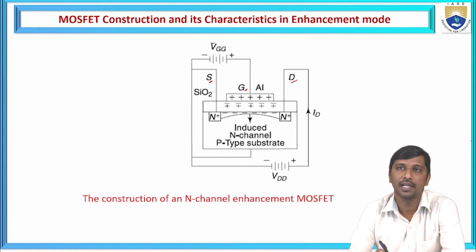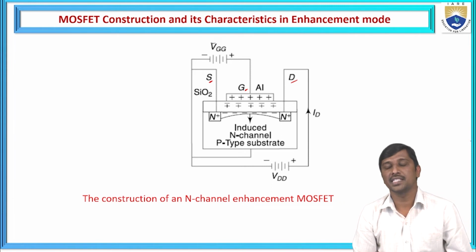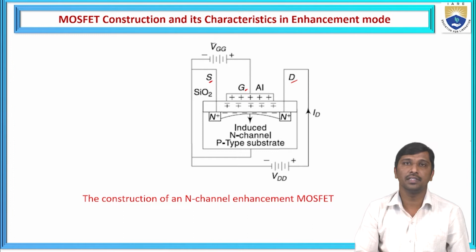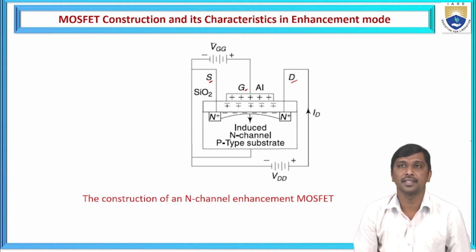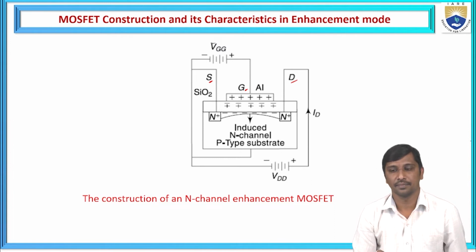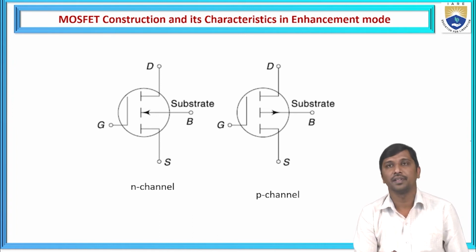So this is the complete information about how we constructed the enhancement mode MOSFET, and how the channel is established to reach the charge carriers from the source to the drain, or to allow conduction in a given MOSFET. So these are the symbolic representations of the enhancement MOSFET.